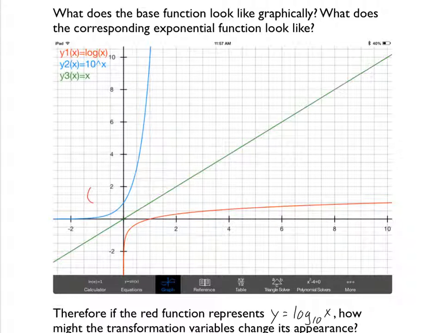This will still be 0, 1, and this will be 1, 0. That's true for any base. We also have a vertical asymptote at x equals 0, and for your exponential function you have a horizontal asymptote at y equals 0.